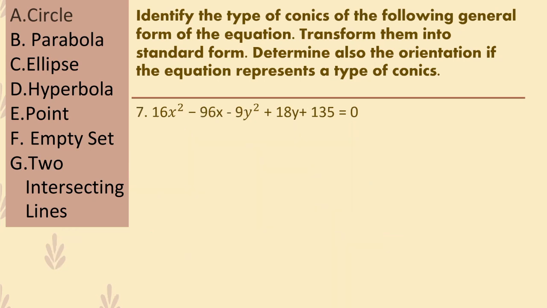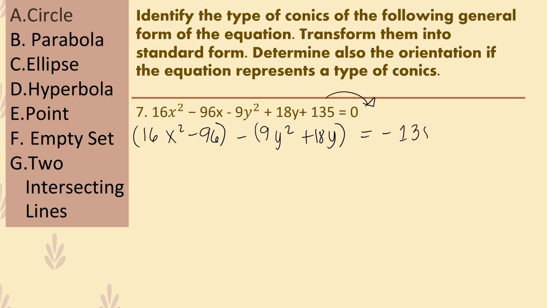For number 7, 16x squared minus 96x minus 9y squared plus 18y plus 135 is equal to 0. So, again, group lang natin 16x squared minus 96x minus 9y squared plus 18y is equal to, lipat lang natin to, negative 135.